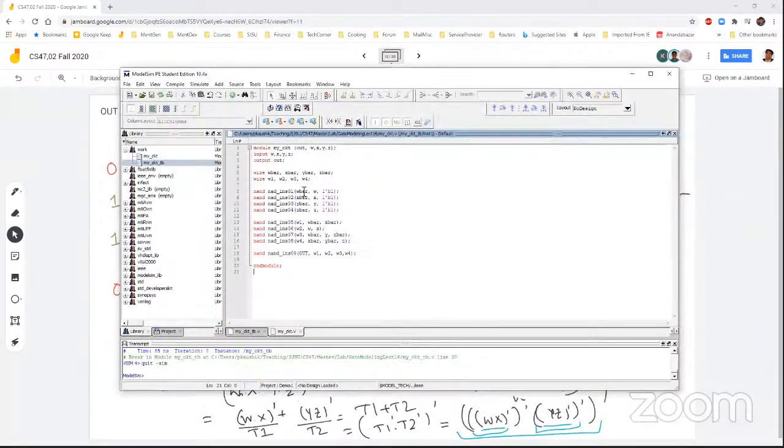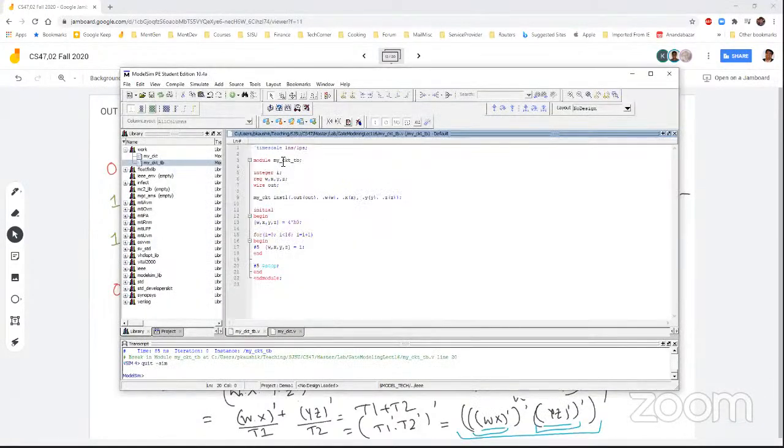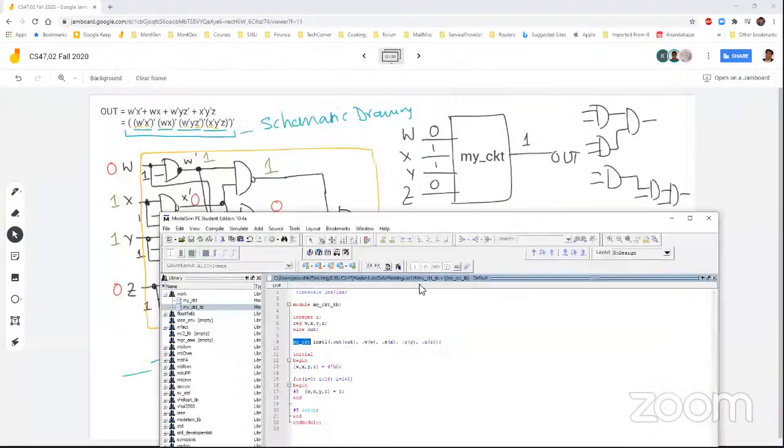So what we call here is a test bench, where I'm instantiating my circuit, and from the outside world I am connecting some driver, which we call a register. That's not important. And then we are probing the wire output.